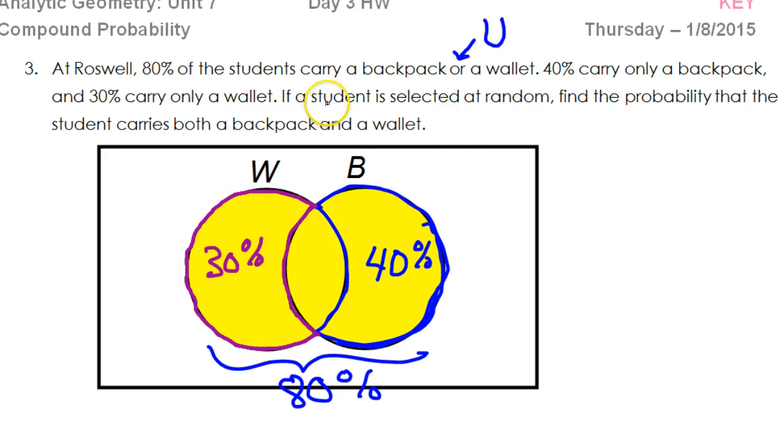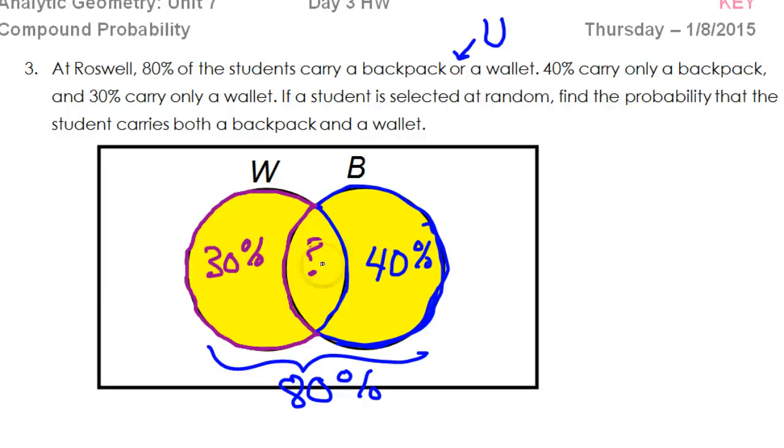So if a student is selected at random, what's the probability that the student carries both a backpack and a wallet? So we are looking for the intersection right there. Now do not think that I can just subtract these from 80.